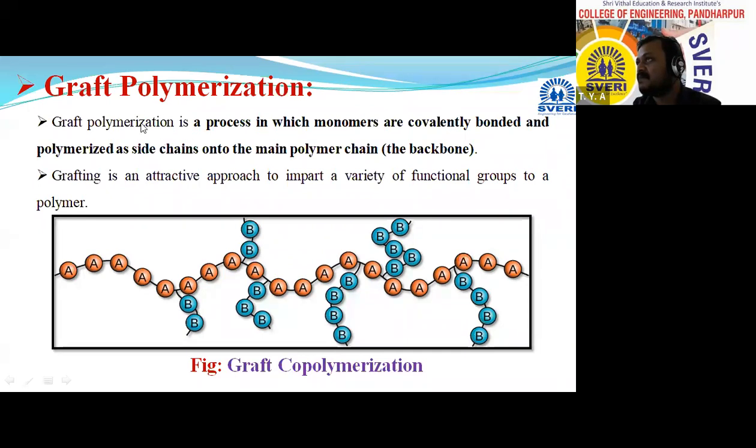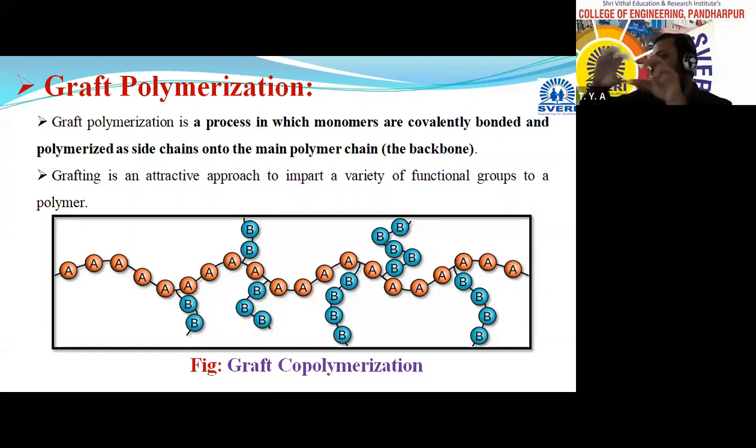In graft polymerization, it is a process in which monomers are covalently bonded and polymerized at side chains. In simple words, there will be one main polymer chain of one monomer, and to that we are stitching another monomer chain.